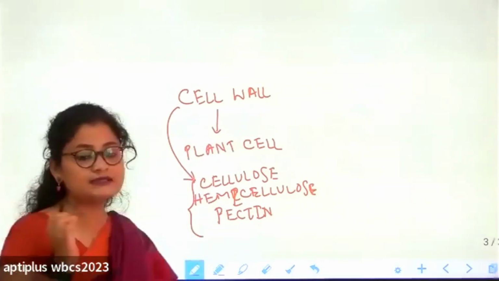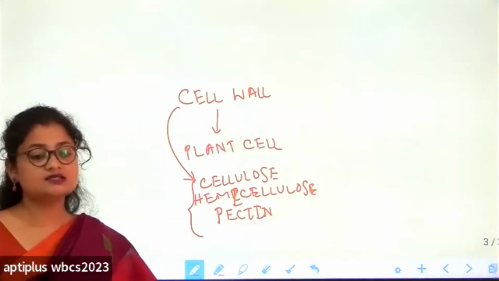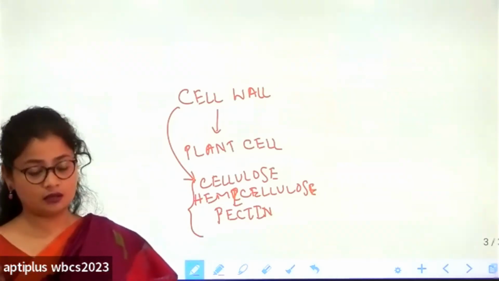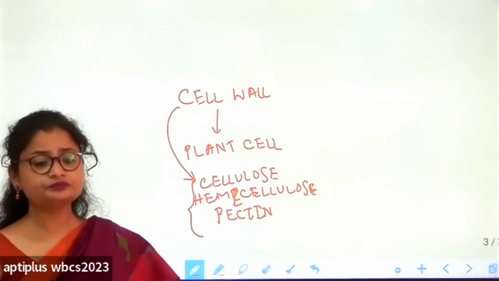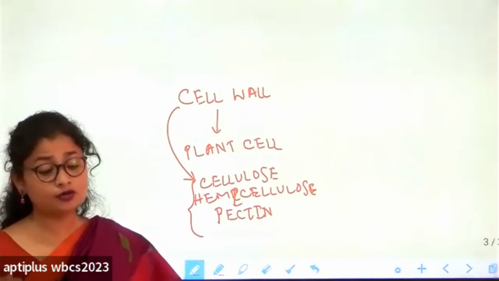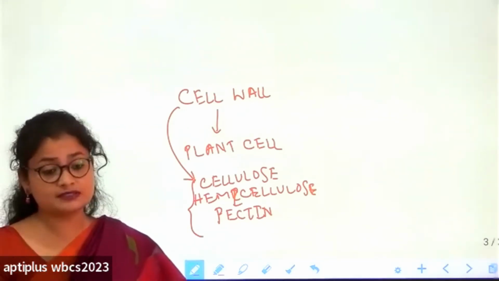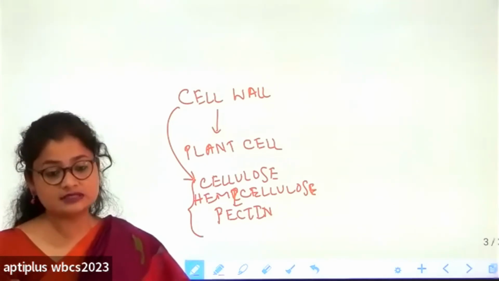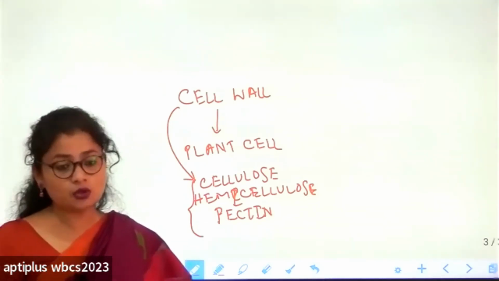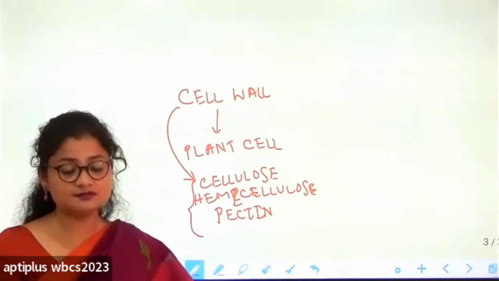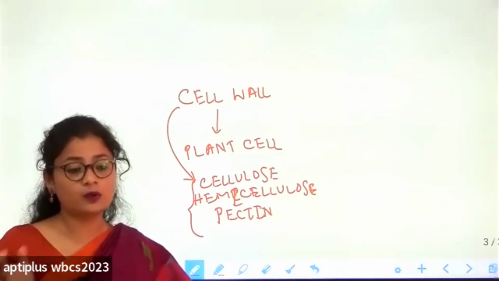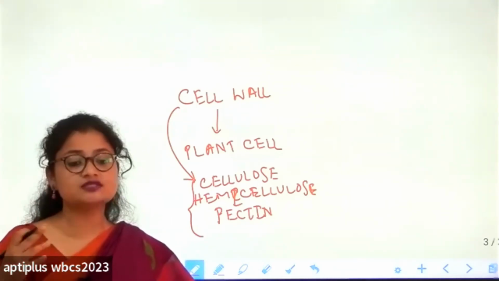Okay, now this cellulose is not digestible in us, in human beings. So what happens in human beings and also animals, since cell wall is not present in the animal cell? Why? Because cellulose cannot be digested by us, because we do not have the enzyme required for digesting cellulose, that is cellulase.